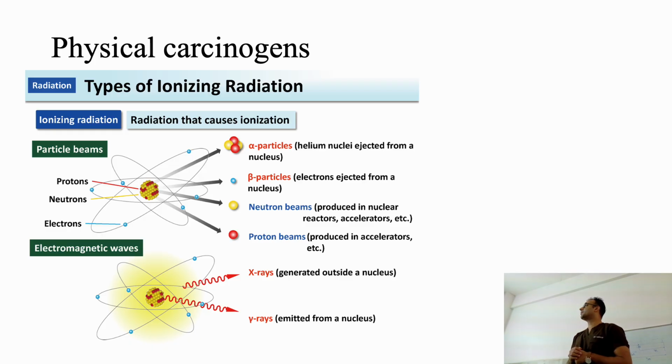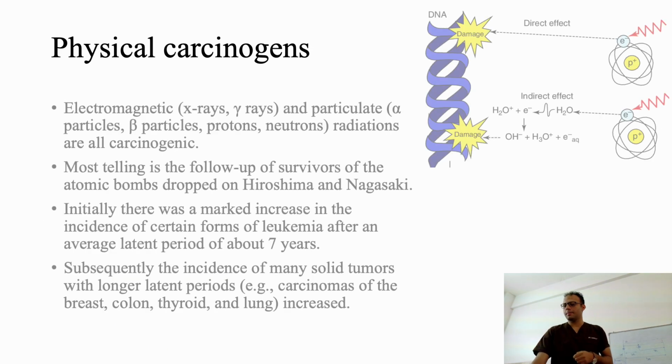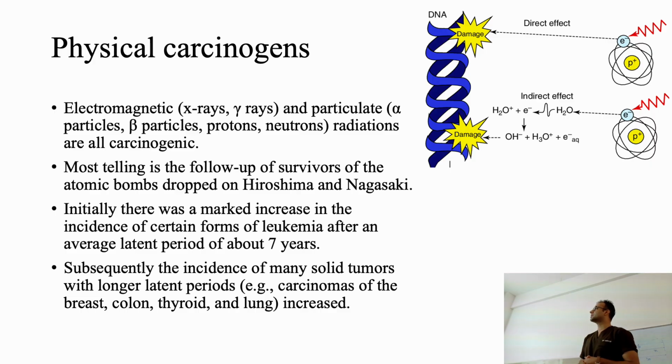Now physical carcinogens: the various radiations that are emitted, such as alpha particles, beta particles, gamma rays, X-rays, they all have some effect on the formation of cancer. The most telling story is that of the survivors of the atomic bomb dropped in Hiroshima and Nagasaki.